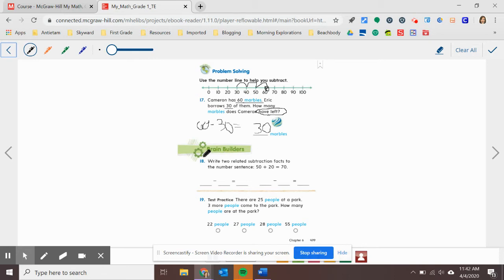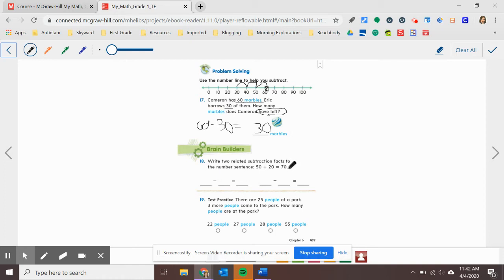Next, we're moving on to number 18. It says write two related subtraction facts to the number sentence. 50 plus 20 equals 70. Okay, so I can see it's an addition problem, but it's asking me to find subtraction facts. So I have to think, when I start a subtraction problem, what number do I always start with? Well, I always start with the whole number, so I have to think, which number from our addition sentence is my whole number, or my biggest number?